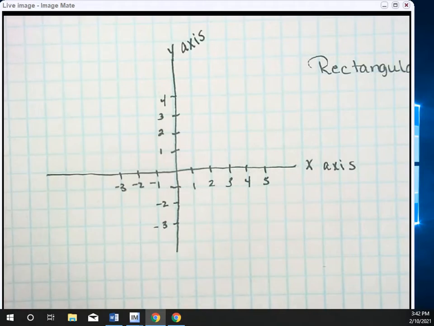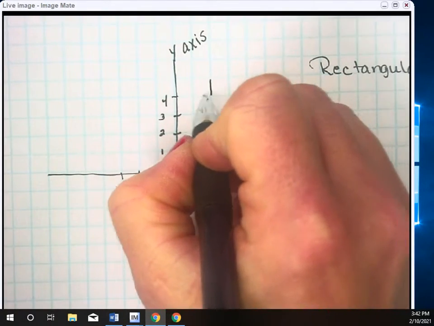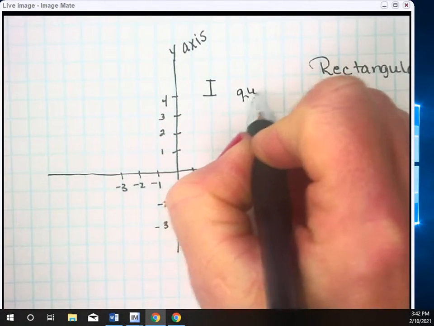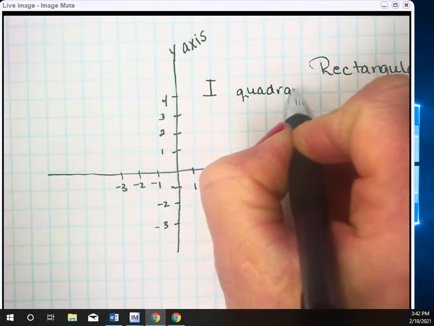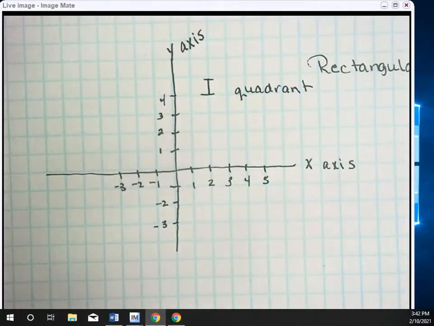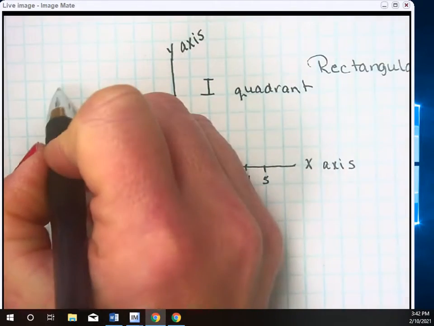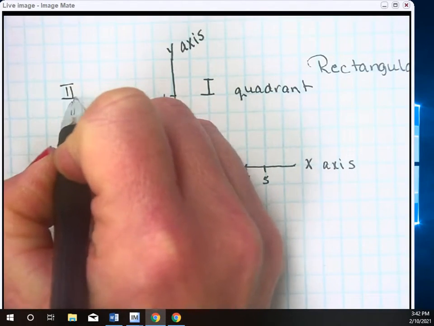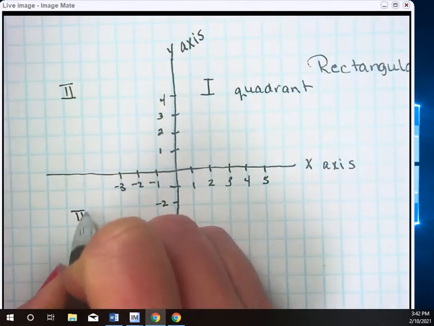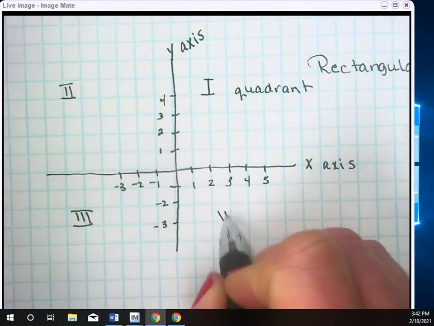The x and y axis separates your plane into quadrants. The first quadrant is the upper right-hand quadrant. Going counterclockwise, we have quadrants 2, 3, and 4.